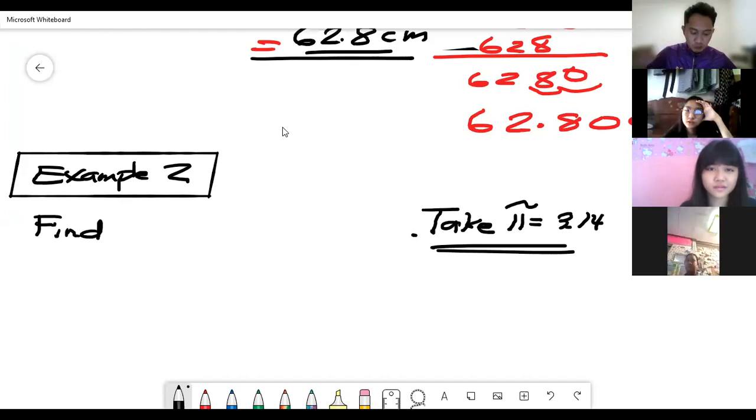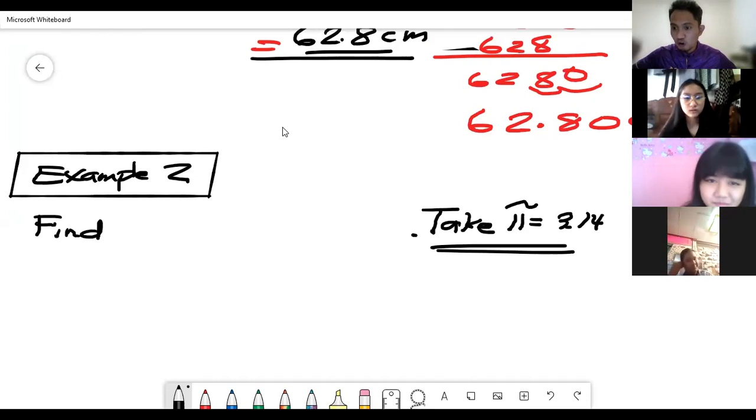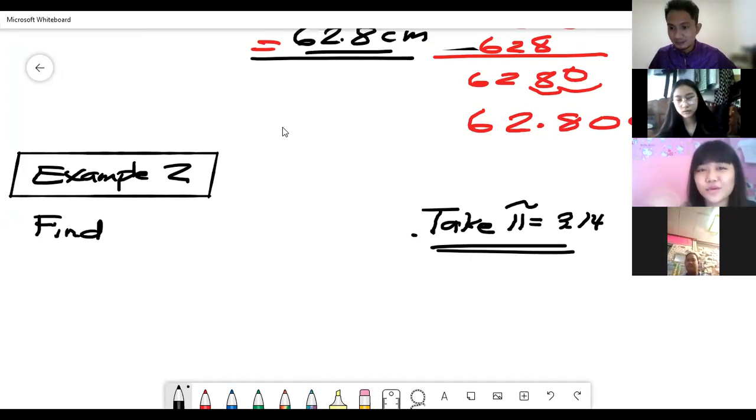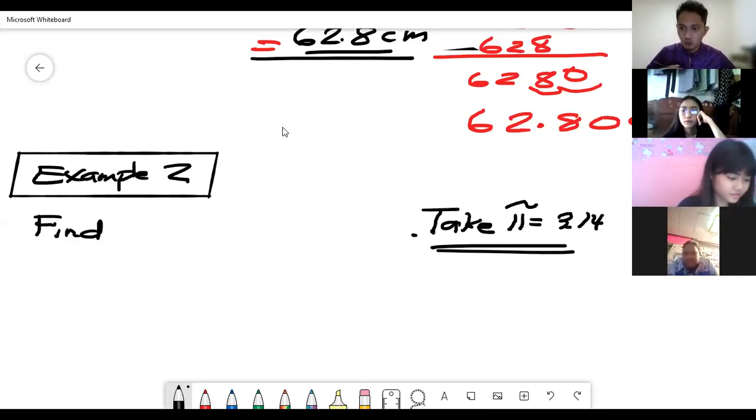Go back to example 1. There, take pi is equal to 22/7. The book tells us we need to use that one. Look at the try it below: find the circumference, take pi.